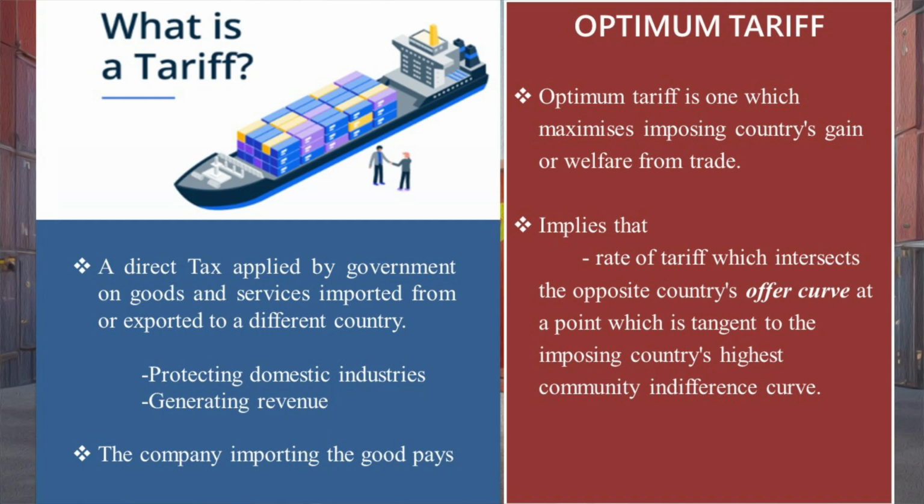Now if we come to the optimum tariff, how can we define it? Optimum tariff is one which maximizes the imposing country's gains or welfare from trade. It implies the rate of tariff which intersects the opposite country's offer curve at a point which is tangent to the imposing country's highest community indifference curve. So optimum tariff will be where there is maximum gain or maximum welfare for a country.